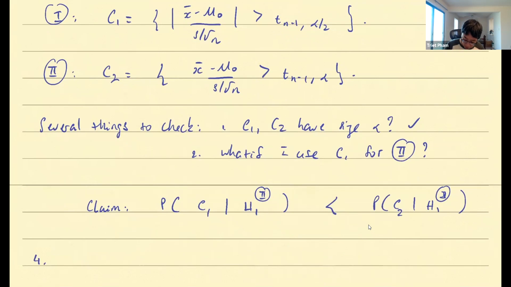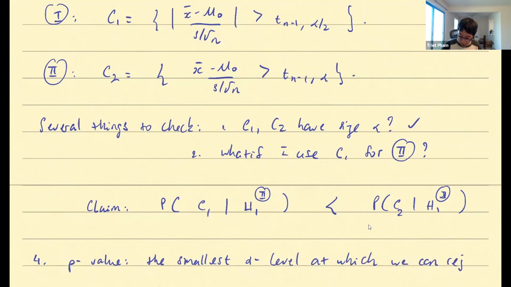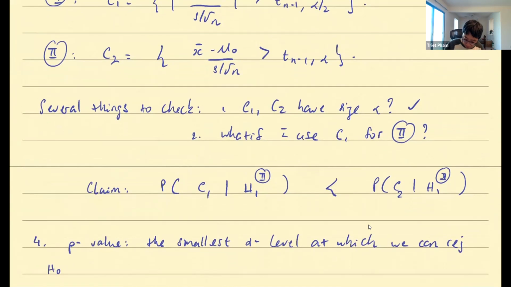So point 4 would be the p-value. The p-value would be the smallest alpha level at which we can reject the null given the experiment.